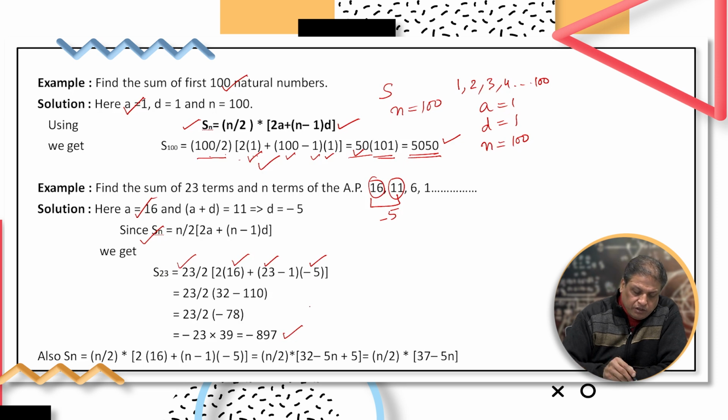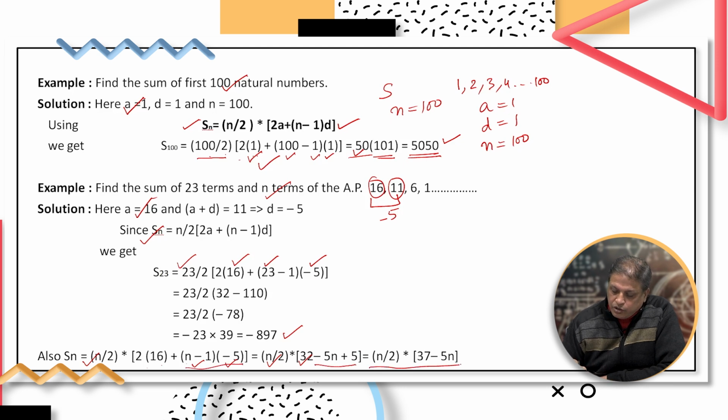On the same lines, applying directly for the nth term, Sn will be equal to n by 2 into 2a plus n minus 1 into d. So, n by 2 is this, 2a, 16 into 2 is 32, n minus 1 into common difference is minus 5. Solving this expression, you will get minus 5n plus 5.